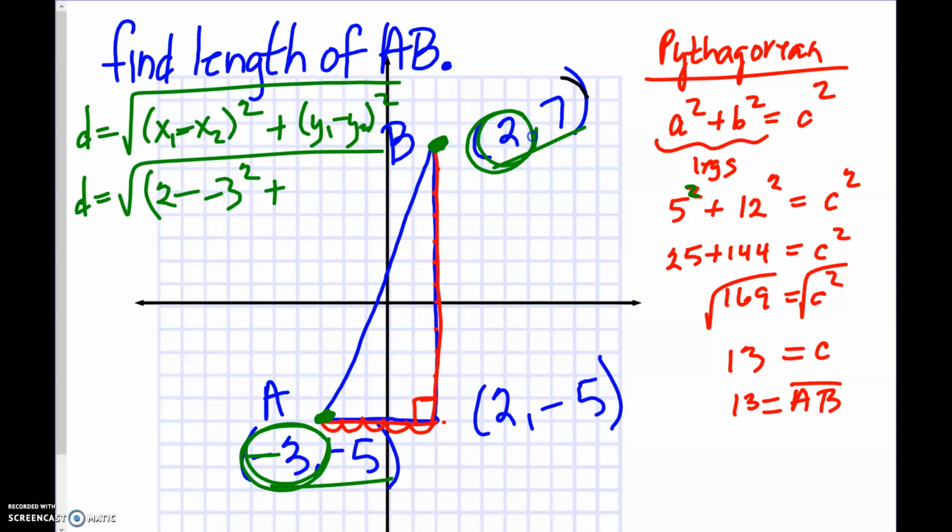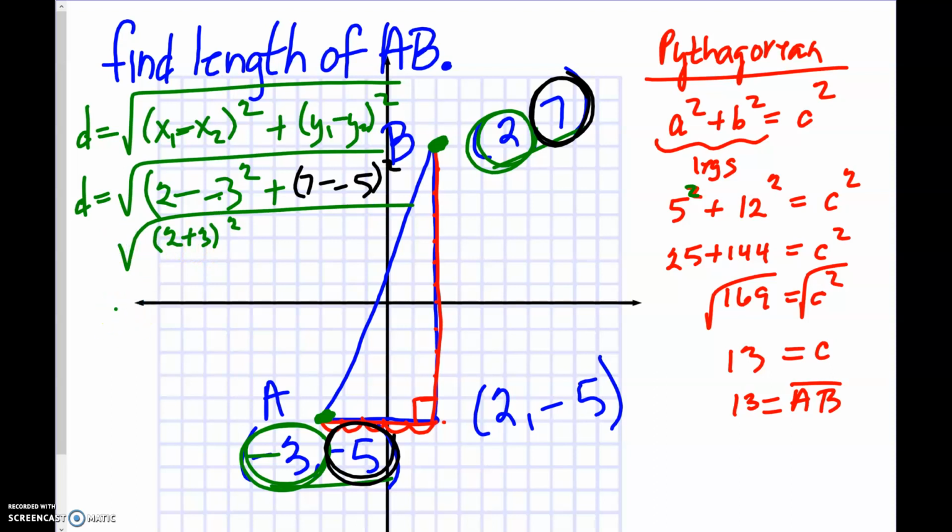These y values are 7 and -5. So I take 7 minus -5 and square it. Now let's see what happens here. 2 minus -3 is the same thing as 2 plus 3. And what is 2 plus 3? Isn't that 5 squared? So don't we get 25?